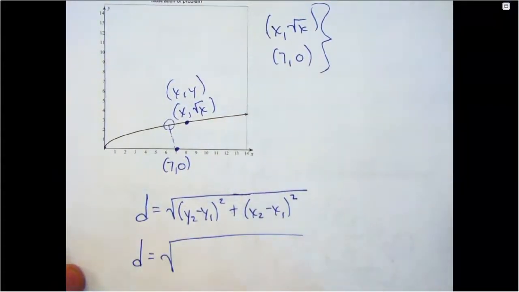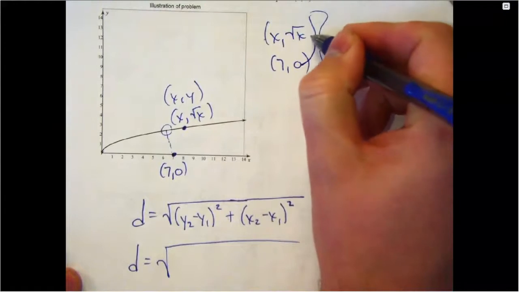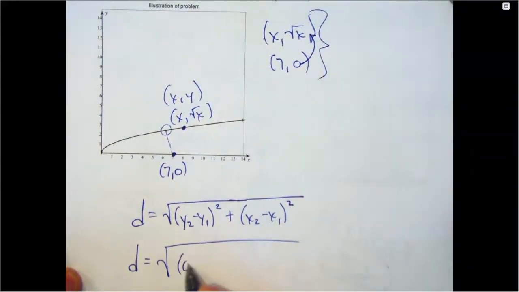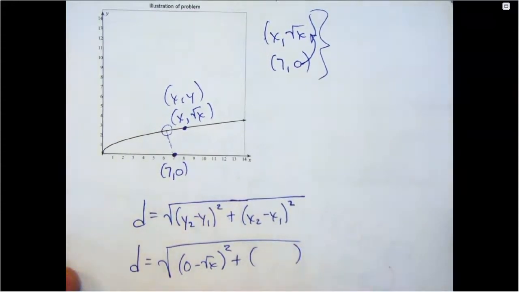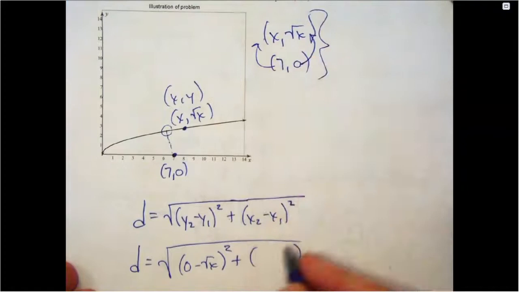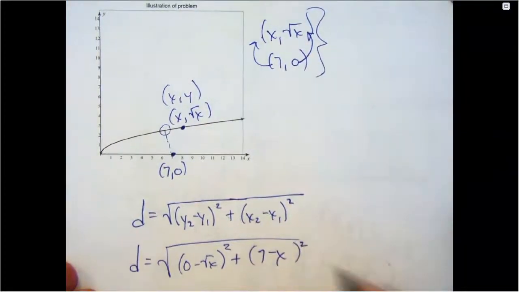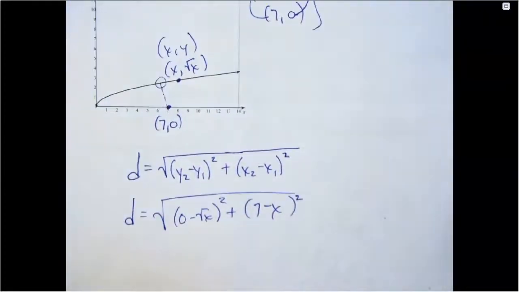So y2 minus y1 would be 0 minus the square root of x, and then square that. And then x2 minus x1 would be 7 minus x, and then square that.